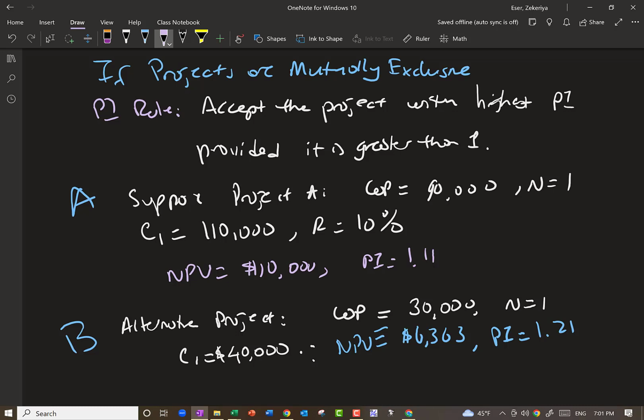Project A essentially is 3 times bigger. I'm not making as much money per dollar, but I'm making it over a big amount. So as far as value added to the firm, A is better. If I didn't know anything about NPV and somebody told me PI, I would have made the wrong decision. So PI is not a decision rule for projects that have wildly different scales. If they're similar, you don't worry about it too much, but if they're not, you do.